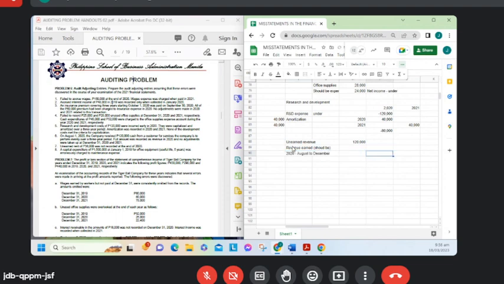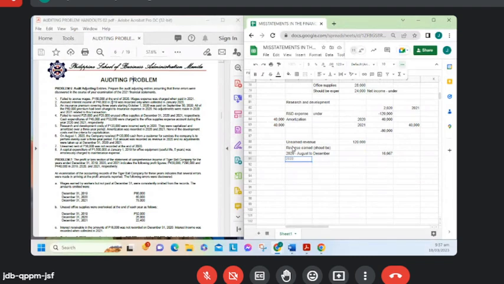So that's for 5 months, no? Yeah, 5 months, 120,000 divided by 3 times 5 divided by 12. So the company should have supposedly earned 16,667 only in 2020. No?